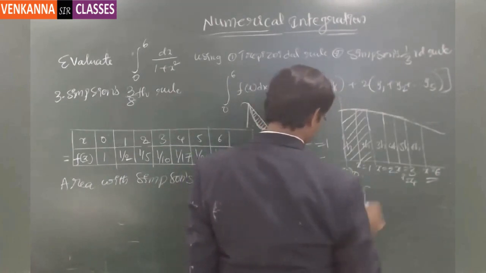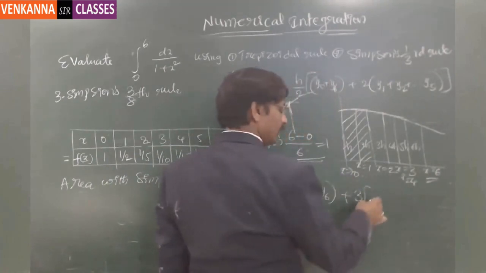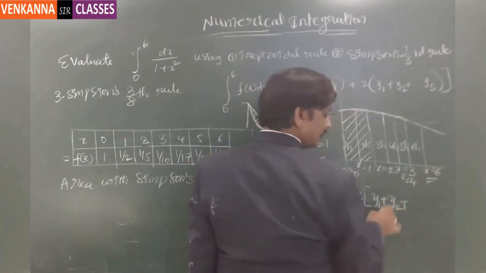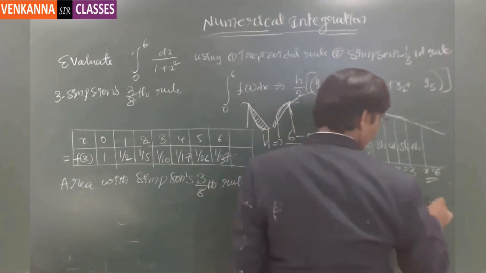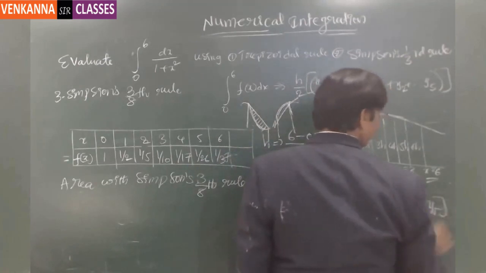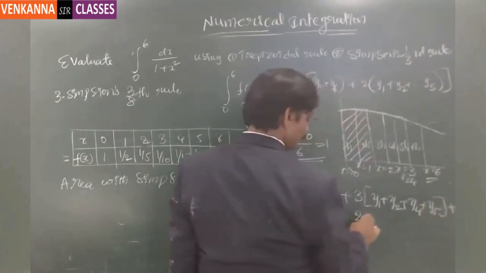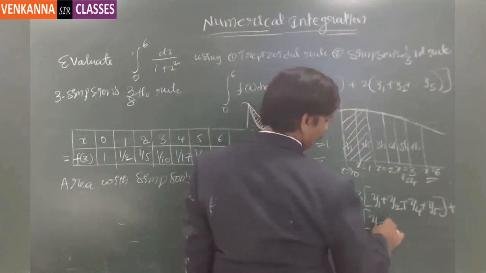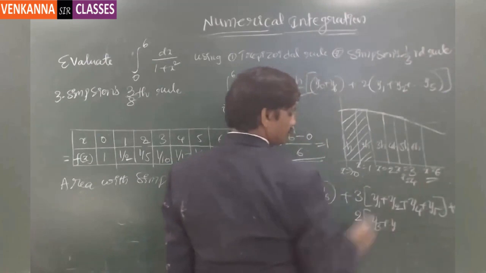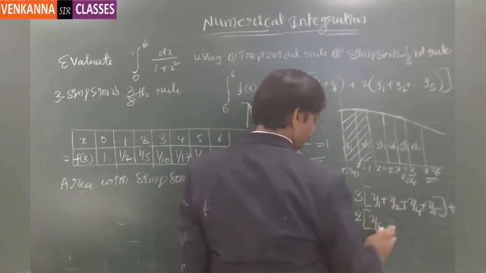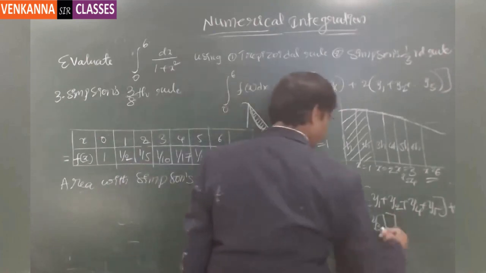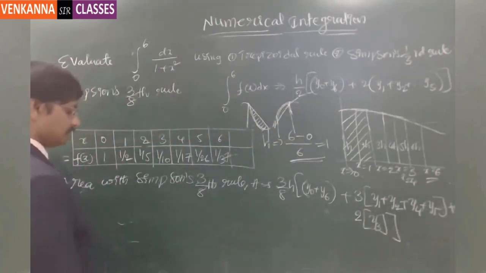So this is y0 plus y6, and then here y1 plus y2, y3 won't be there, and y4 plus y5 will be there, and then plus 2 times of the multiples of 3, y3, and y6 we shouldn't consider, as y6 is already considered here. Got it? So this is how you should calculate with the help of Simpson's 3/8 rule.